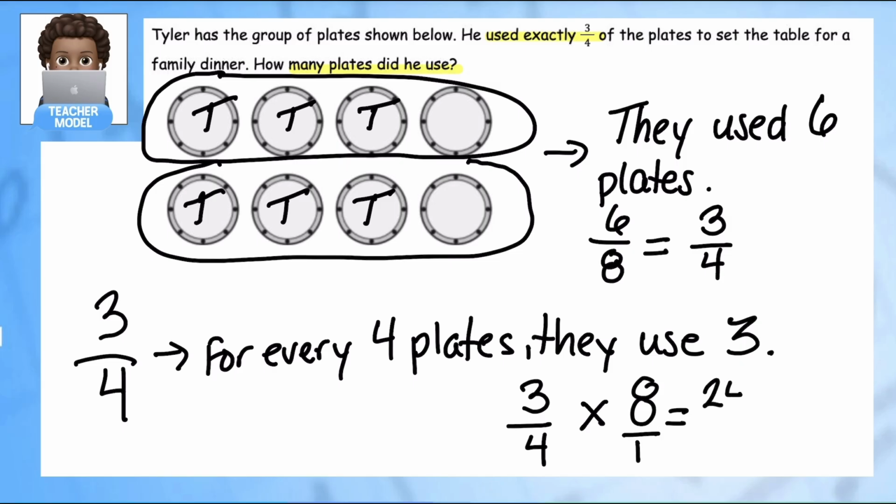And I would get 24 over 4, which does simplify to 6. Why? Because if every 4 makes 1, there are 6 groups of 4 in 24. So yes, this is another way of figuring out a fraction of a whole number. Let's go into the next problem.